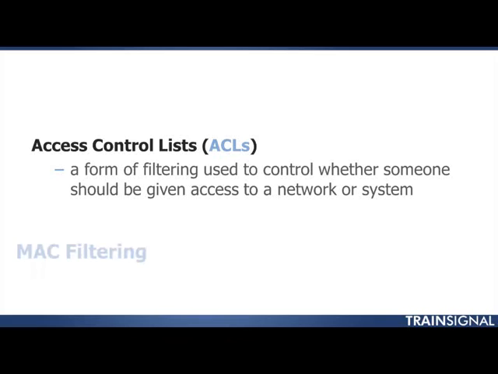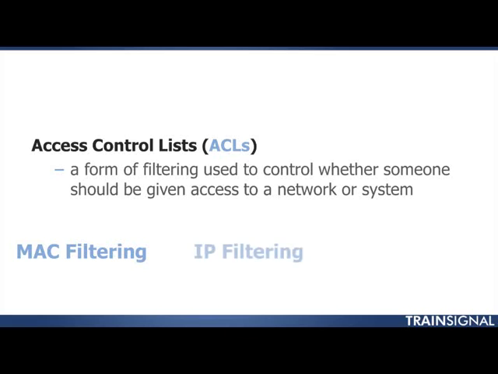One would be MAC filtering, which MAC stands for Media Access Control. We've learned in other lessons how we have the MAC address of individual network cards, so we can control based upon whether somebody's coming in from a computer that has a network card that is acceptable to be getting access to the network or an individual computer.